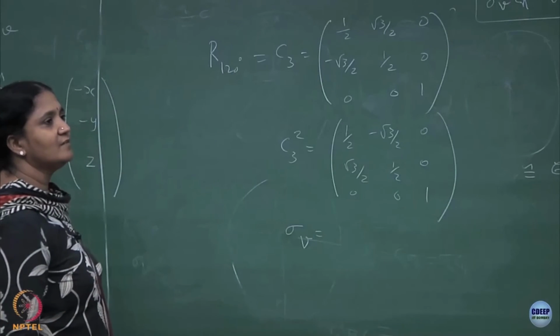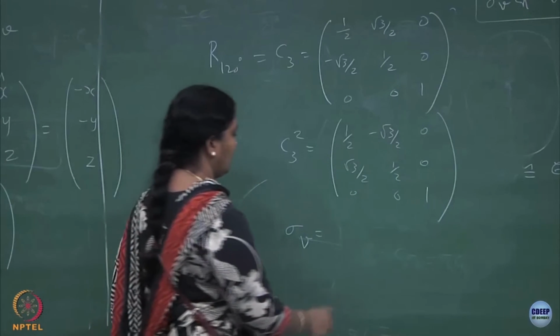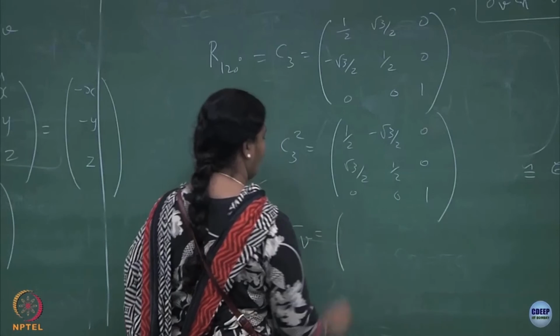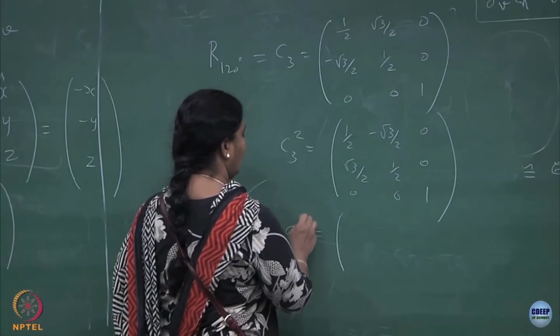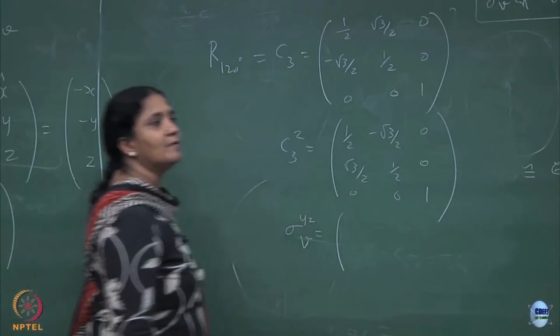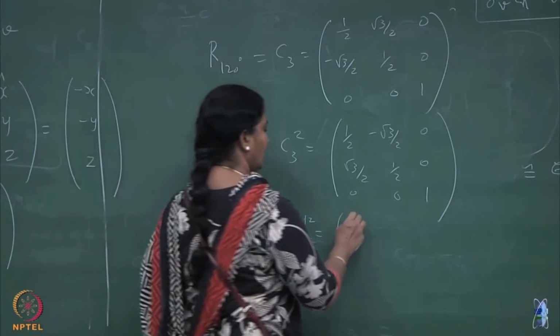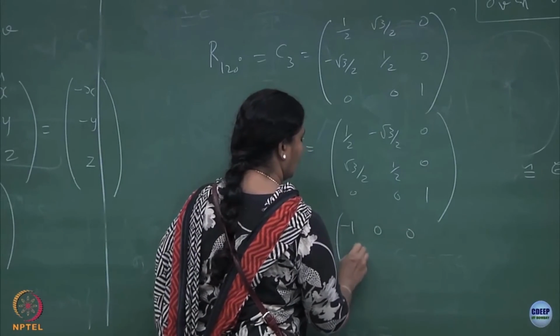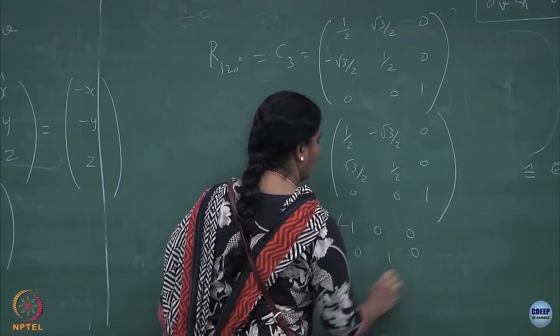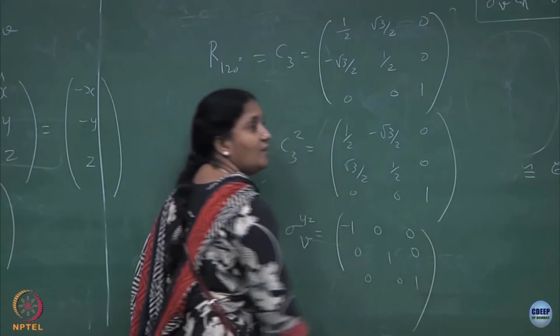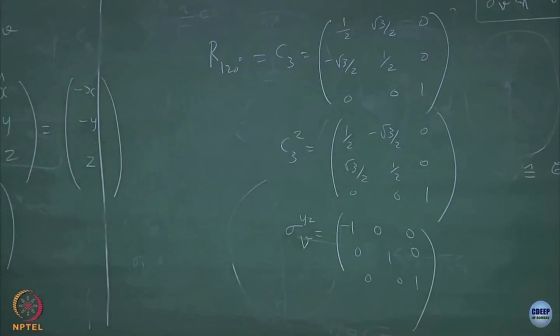Let us do C3 sigma v, C3v. Sigma v, let us take it to be in the yz plane. Then, you are all with me? And now you can generate other elements of the C3V group.